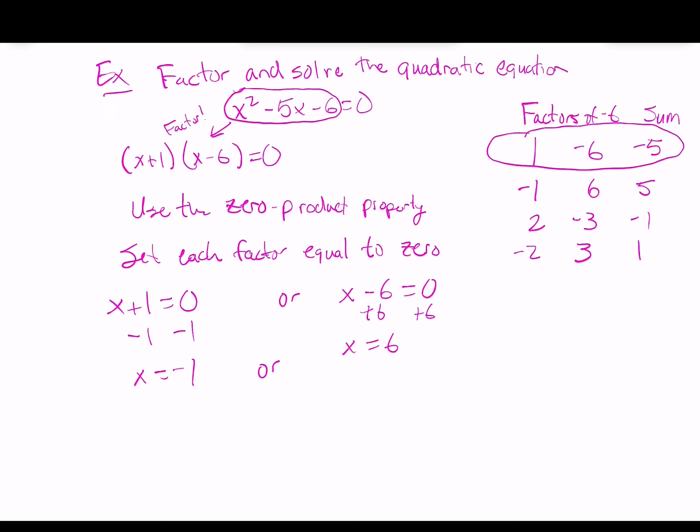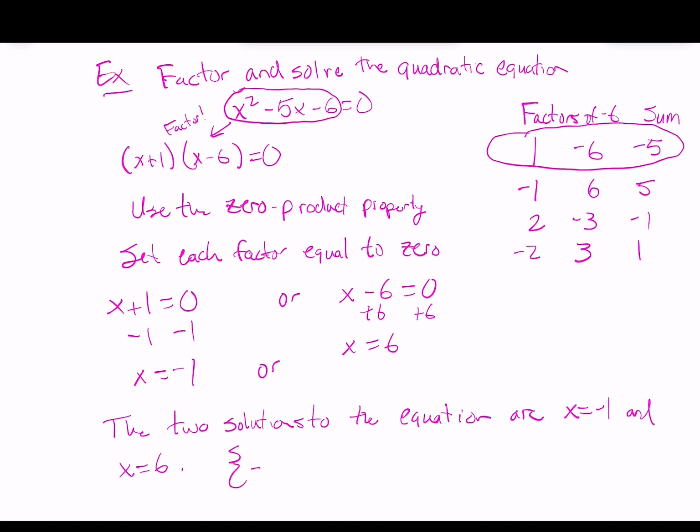So the two solutions to the equation are x equals -1 and x equals 6. As a solution set, you would write that as the set containing -1 and 6.